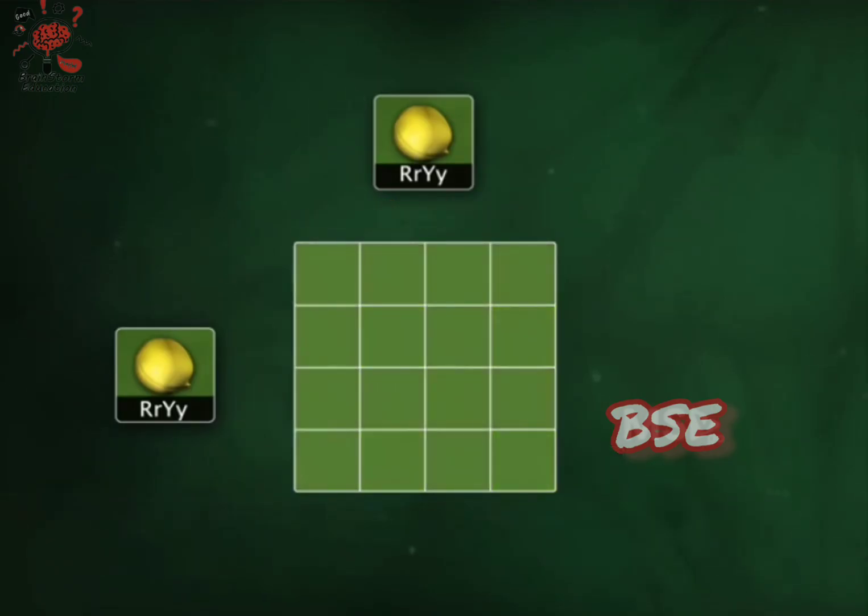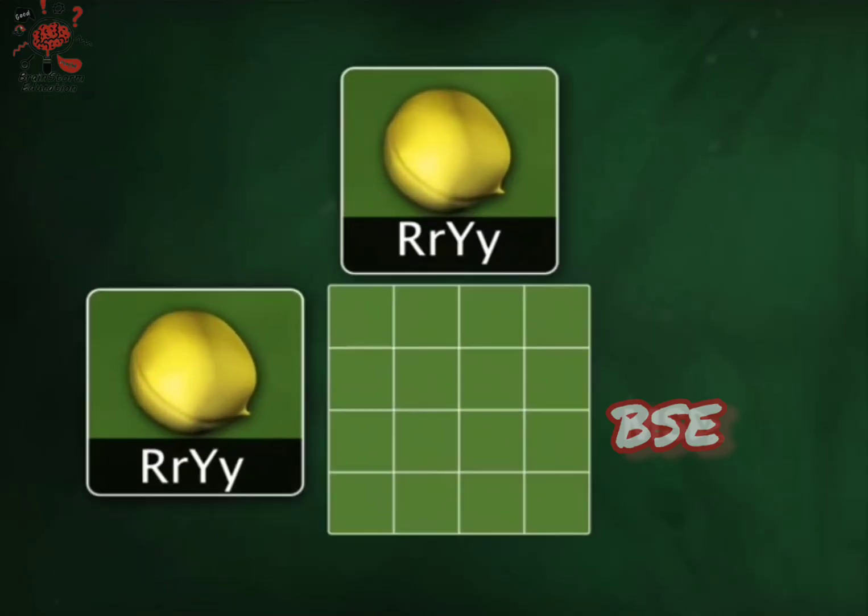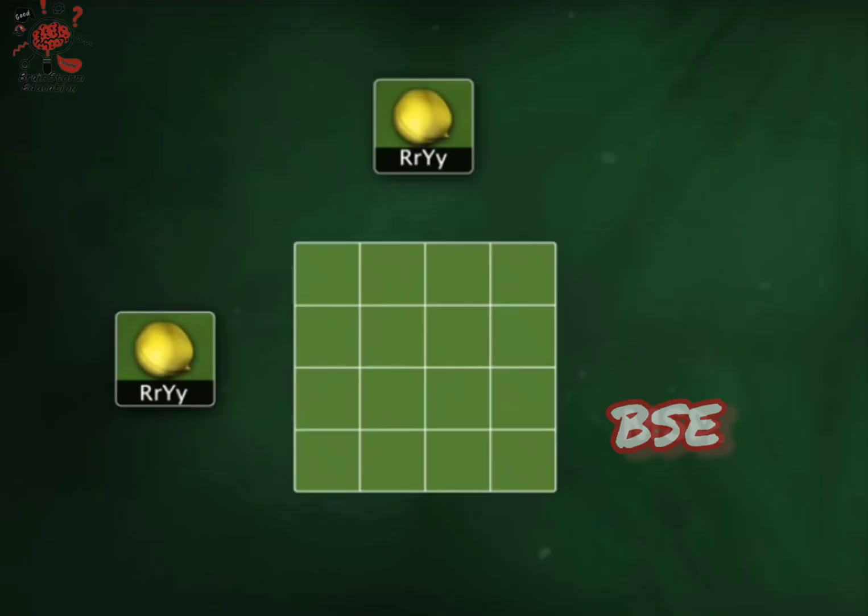In the heterozygous parent plant, the alleles for seed shape, capital R and small r, and alleles for seed color, capital Y and small y, assort independently. 4 types of gametes are produced in equal proportion.